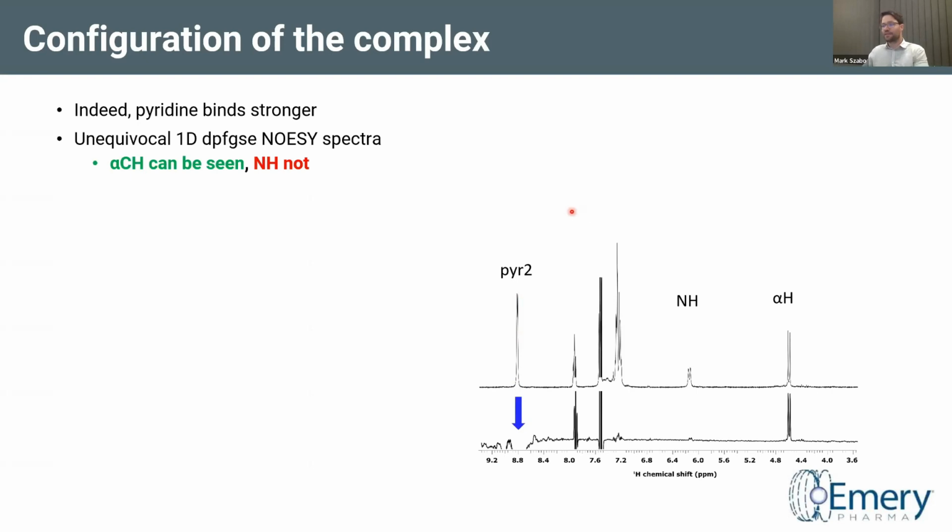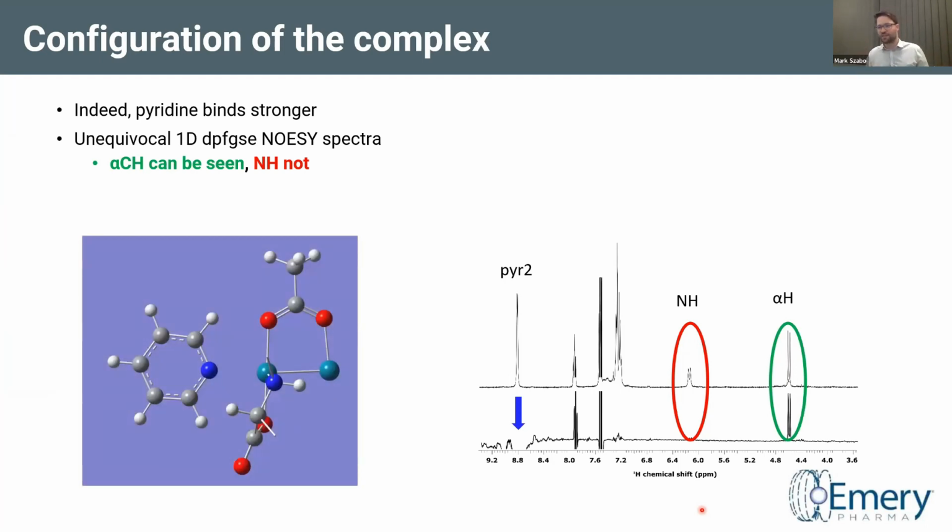And the result is that there is no signal where the NH proton should be, but there is a strong signal in the NOESY spectrum where the alpha H is in the proton spectrum, meaning that the alpha H is close to the pyridine ortho proton, while the NH is not close to it.